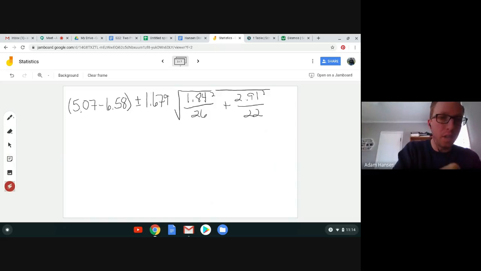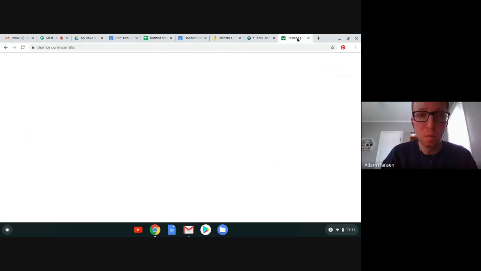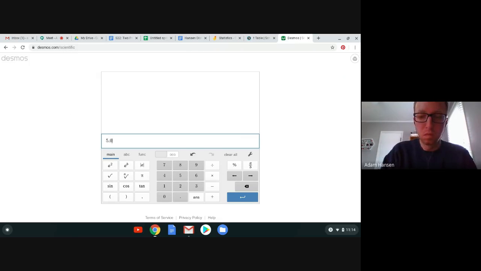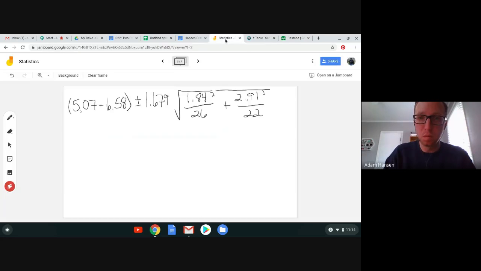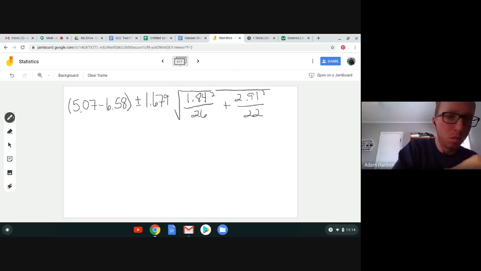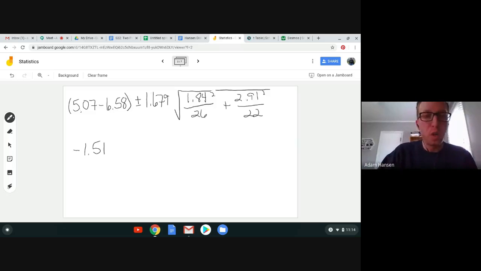Let's first find the estimate for our difference between these two means from the sample, 5.07 minus 6.58, negative 1.51. Now, I called group 1 and group 2 the small and large bowl sizes, but you could have easily switched those around.